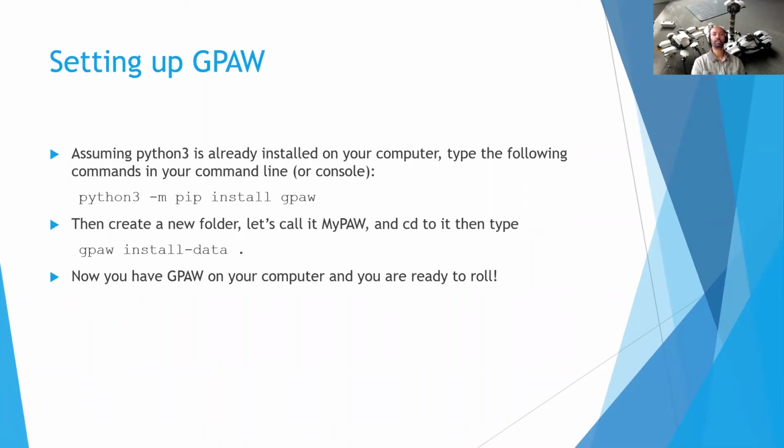So if you want to do DFT calculations, then you want to download all of those data files into a folder. First you create a folder, MyPaw for example, whatever you want, and then inside that folder you type this command, and this is going to set up that data file to be used by your own GPAW that you have installed here. And that's it. Actually, you're ready to start using GPAW.